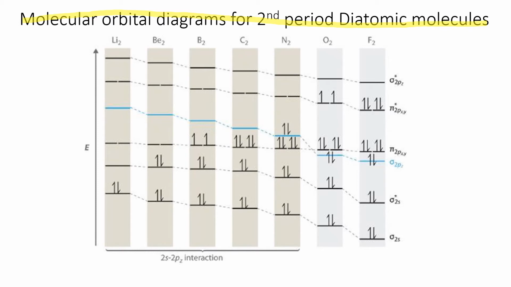Your book has some images of these atomic orbitals actually coming in to form the molecular orbitals. Here we're just going to focus on dealing with the molecular orbitals. And we're going to look at each one of these molecules, Li2, Be2, B2, C2, N2, O2, and F2, individually so we can focus on how to write proper molecular orbitals.